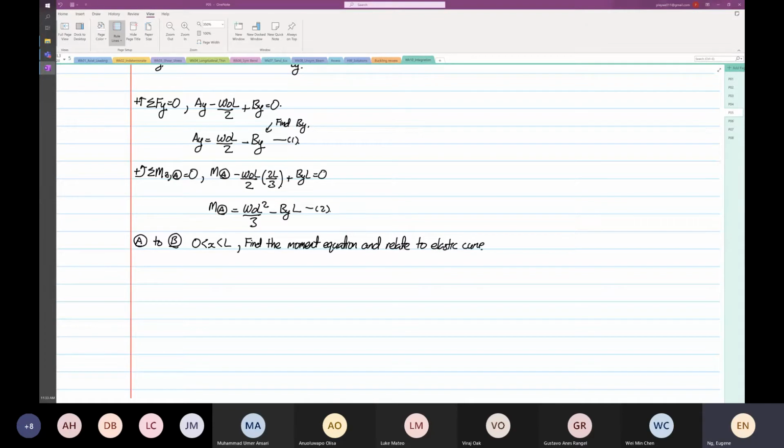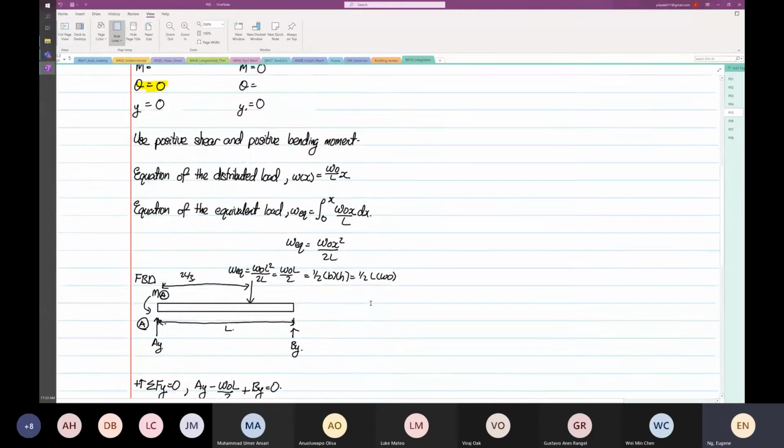What I'm trying to tell you is this: we don't need to find the shear force. I repeat again, we don't need to find the shear force. We can immediately deal with the what? Bending moment.